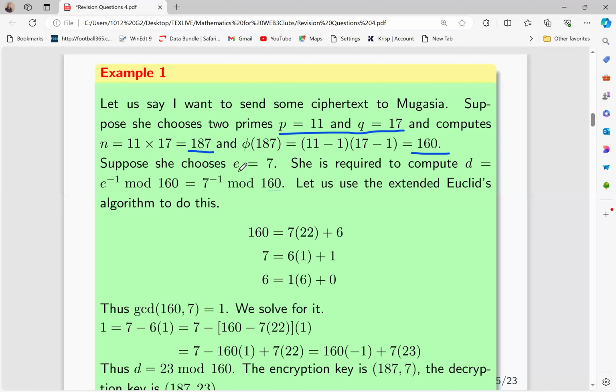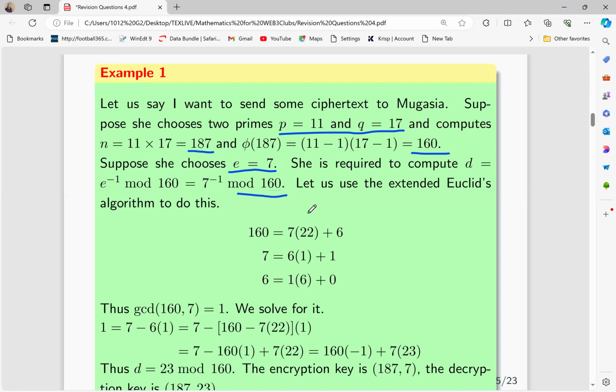Is that okay? After choosing this number, she gets the inverse of this number, mod phi of m, Euler phi of m. Not mod m, mod Euler phi of m.